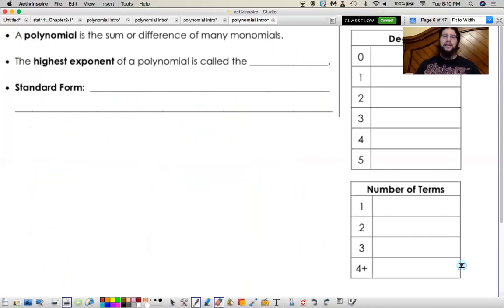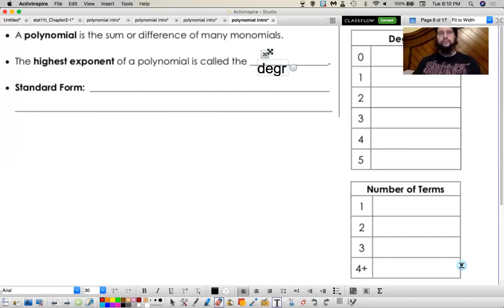Now we have special names for the polynomials. The highest exponent is called the degree of the polynomial. Yes, this should be a review. Now in standard form, that's going to be descending order.